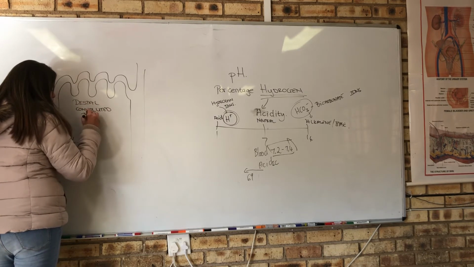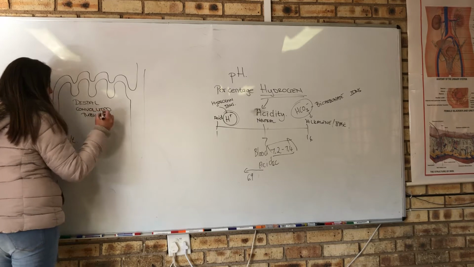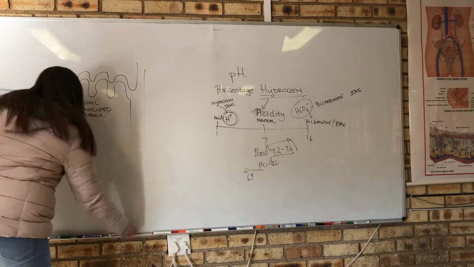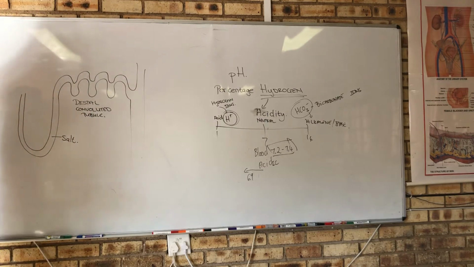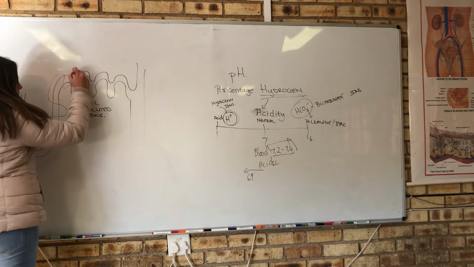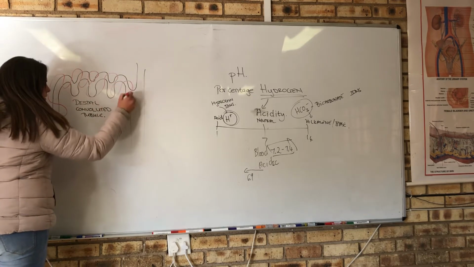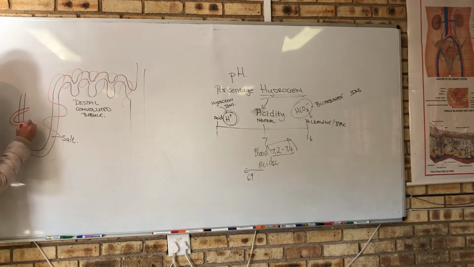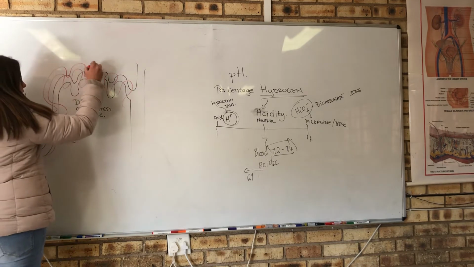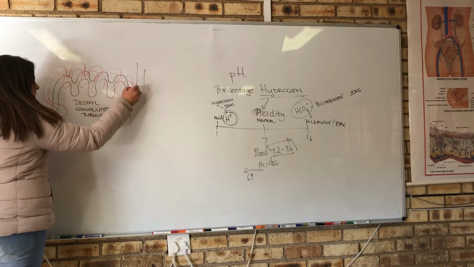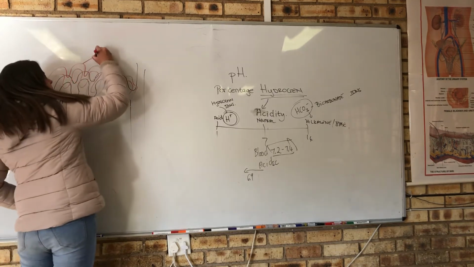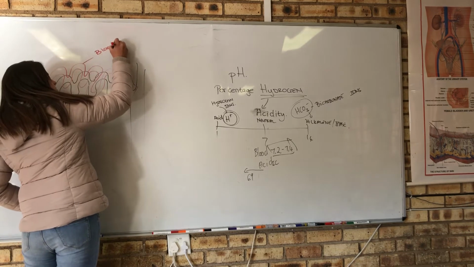And remember that blood vessel that we were talking about before, that efferent arteriole, loops around here. That's why I didn't want to draw it on before, because it makes it quite complicated to see what is going on. So there's our blood, inside of this blood vessel.